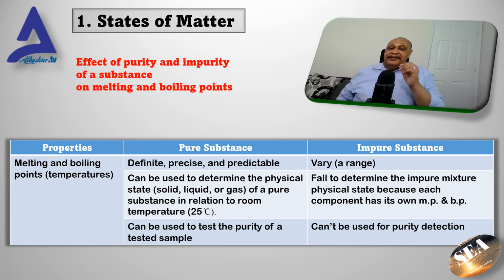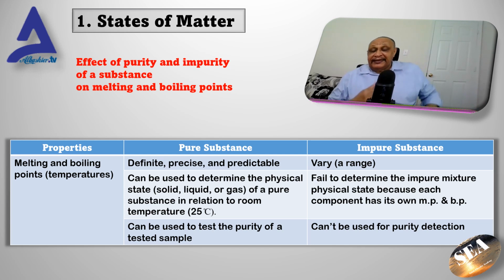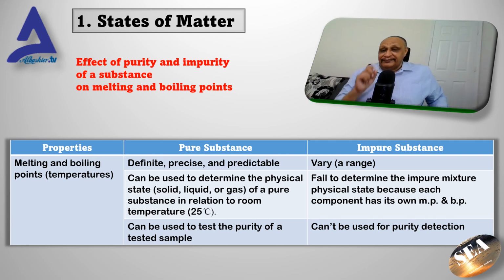So if the substance melts below 25 degrees centigrade and boils above 25 degrees centigrade, this is a liquid at 25 degrees centigrade.